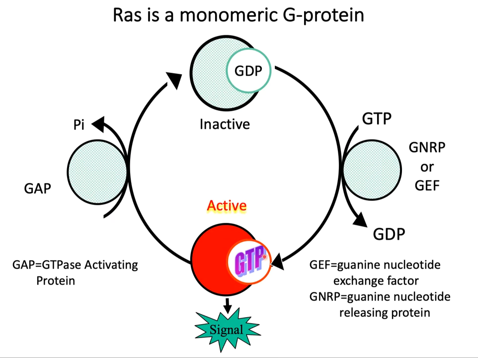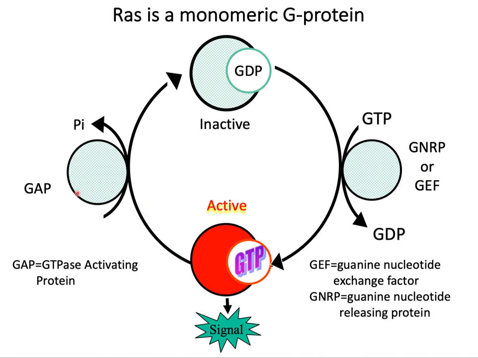Once the RAS propagates its signal, it needs to be turned off. And so the intrinsic GTPase activity of the RAS itself can hydrolyze GTP to GDP and turn itself off. But the intrinsic GTPase activity of the RAS is quite low.